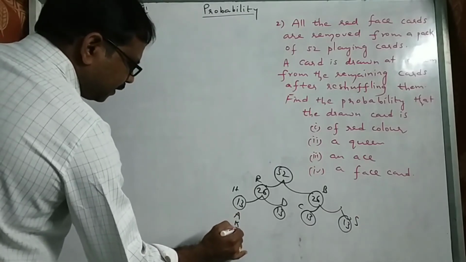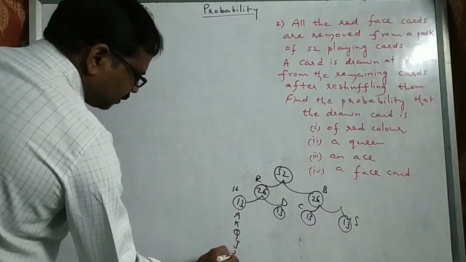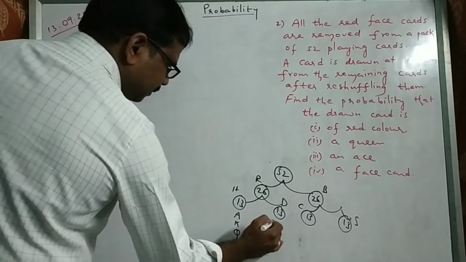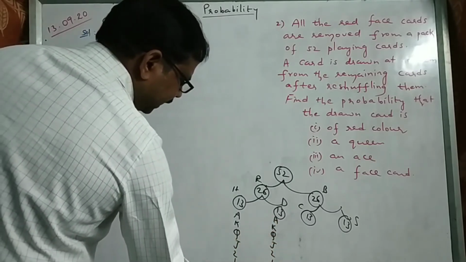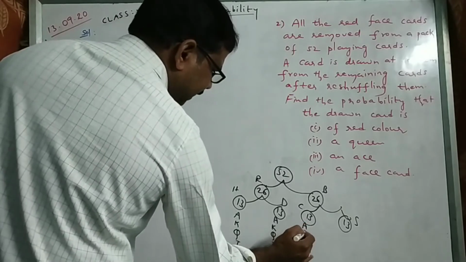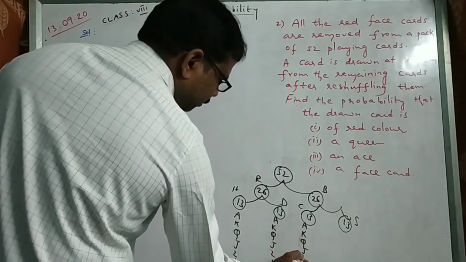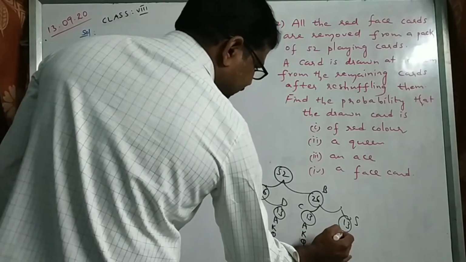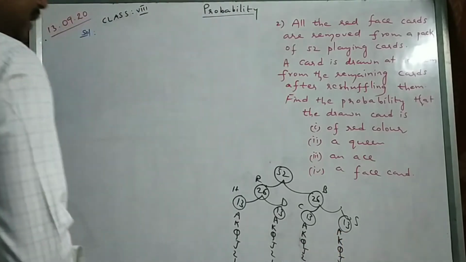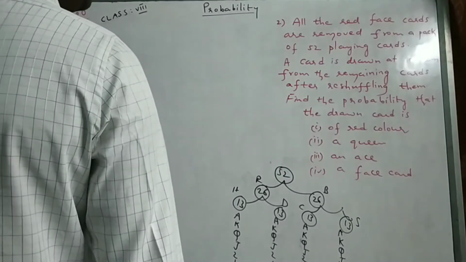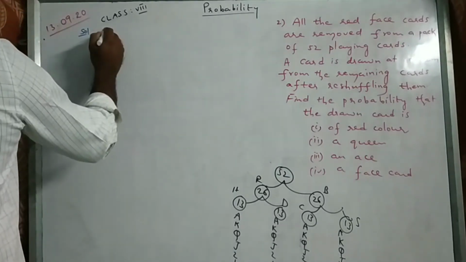Ace, king, queen, jack, 2 to 10. Similarly, ace, king, queen, jack, 2 to 10 for each suit. These are the cards.